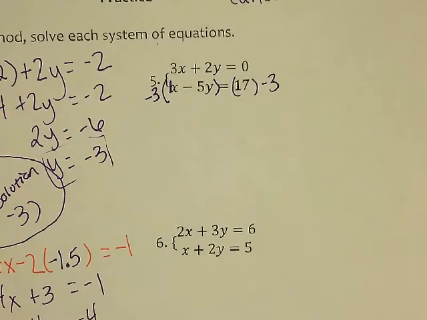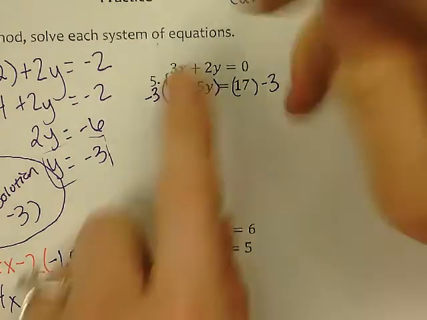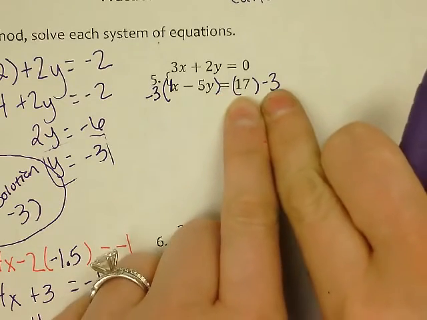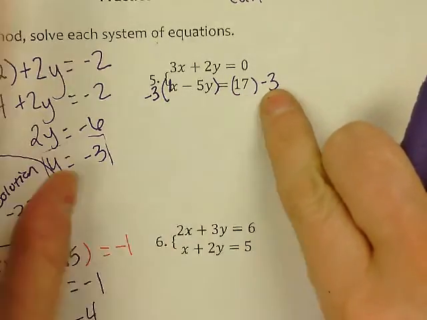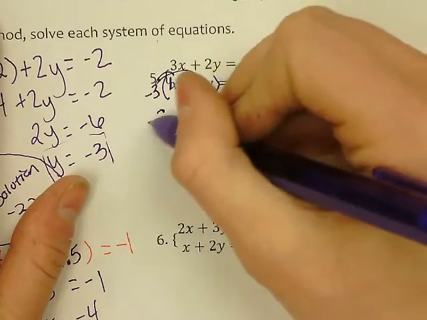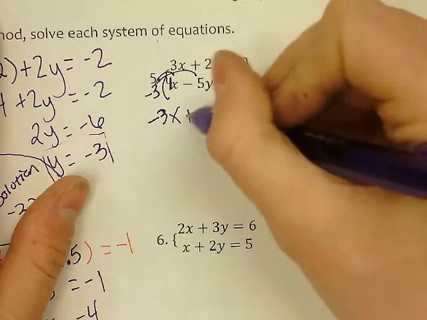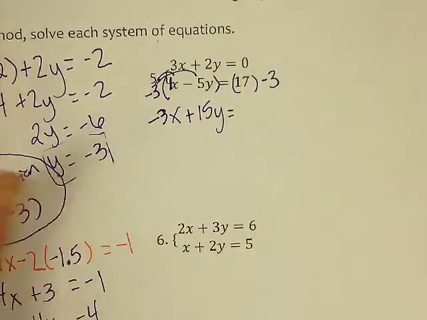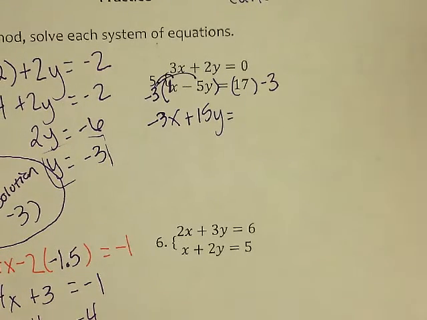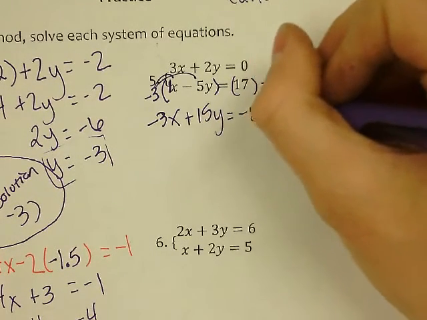Now, the biggest mistake that people make here is they forget to multiply either that -5y or that 17. Okay, so when I distribute, I've got -3x plus 15y. And then what's 17 times 3? Is that 51? Is that -51?